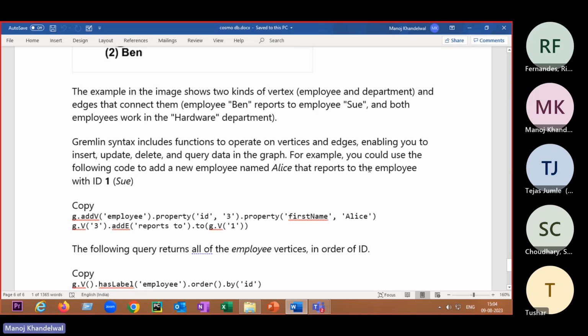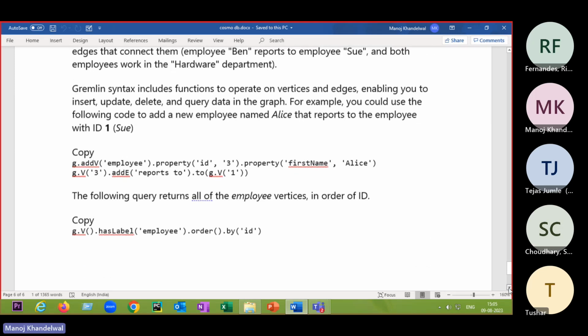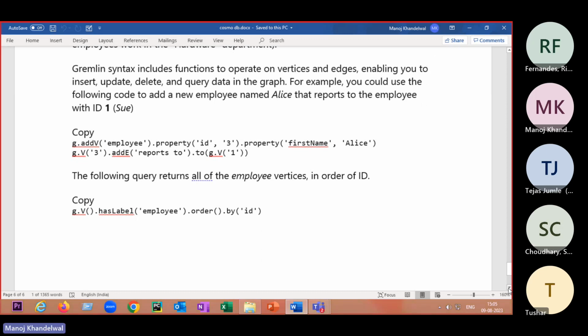You could use the following code to add a new employee named Alice that reports to the employee Sue. So here we add a vertex. This kind of syntax is used to add information in the graph. The following query returns all the employee vertices in the order of ID.